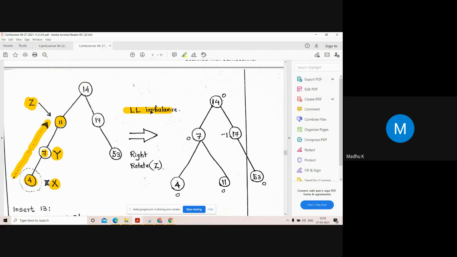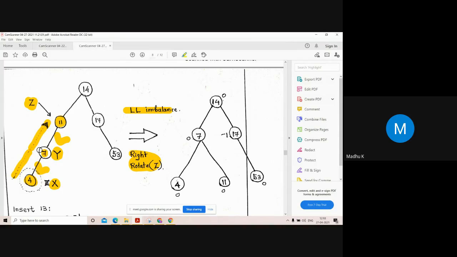Which type? LL. Why? Because this is left, this is left. So this is an LL imbalance. So as per our rule, we want to perform a right rotation about the point Z.